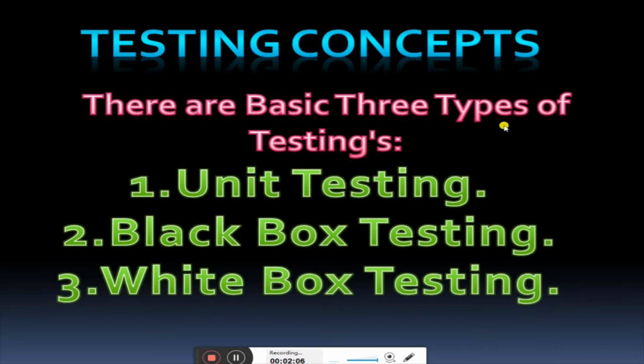In the same manner, once we finish writing the codes, they are going to be tested. Friends, all the codes are not tested at the same time. There are different techniques for testing. So in this, the unit testing, black box testing and white box testing, one by one we are going to understand it very clearly.